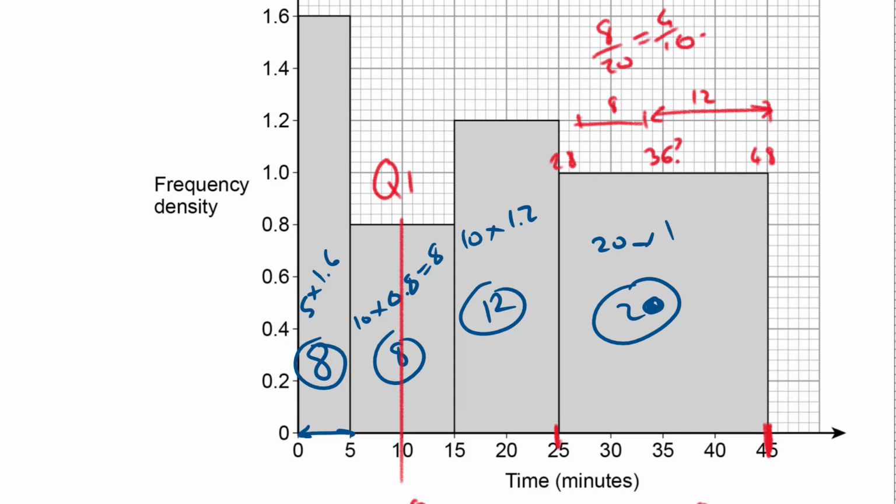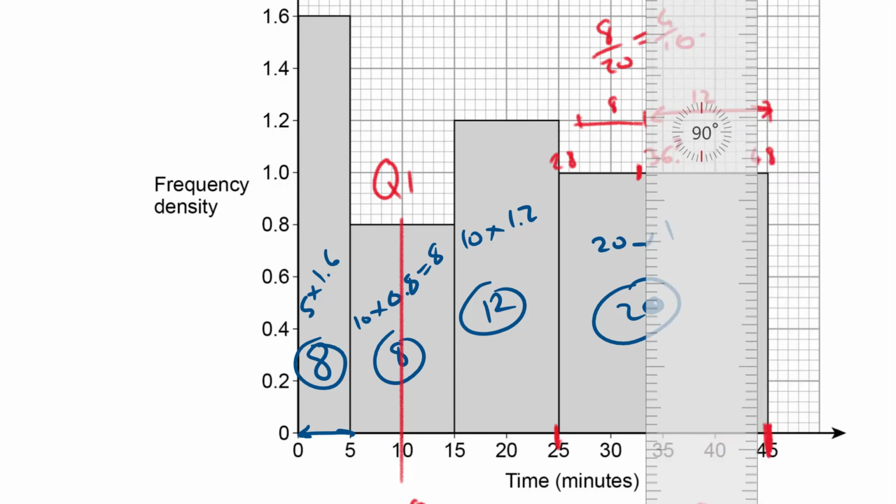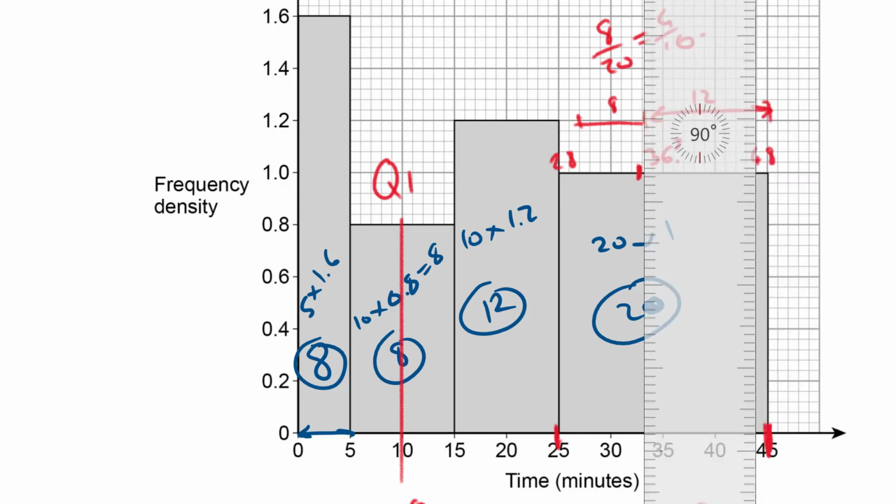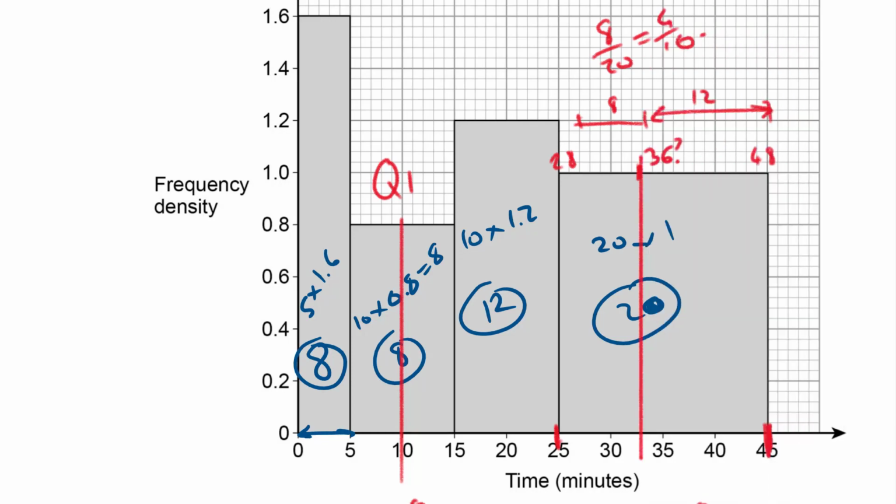If I was going to divide these 20 jumps into 4, it's going to be 8 along, isn't it? So it's going to be 8 little squares: 1, 2, 3, 4, 5, 6, 7, 8. It's going to be here. So my Q3 is there.